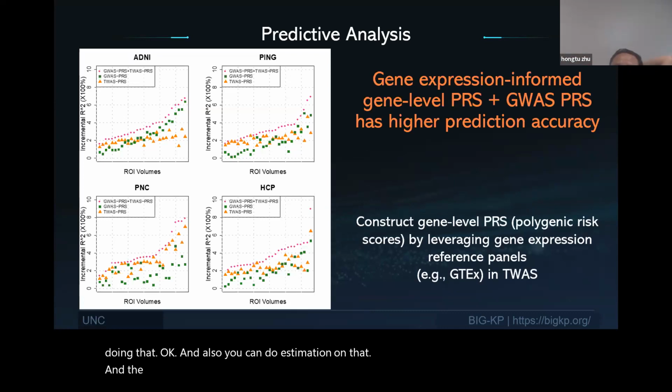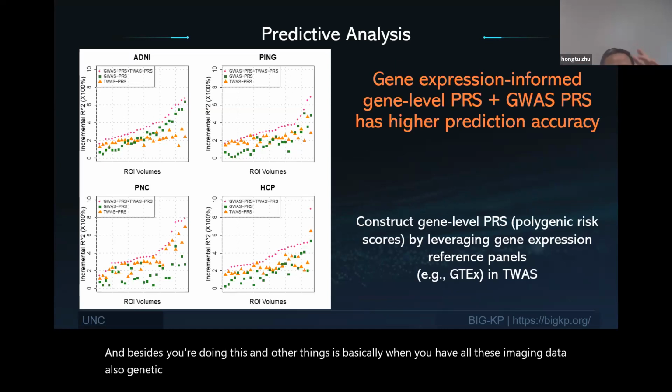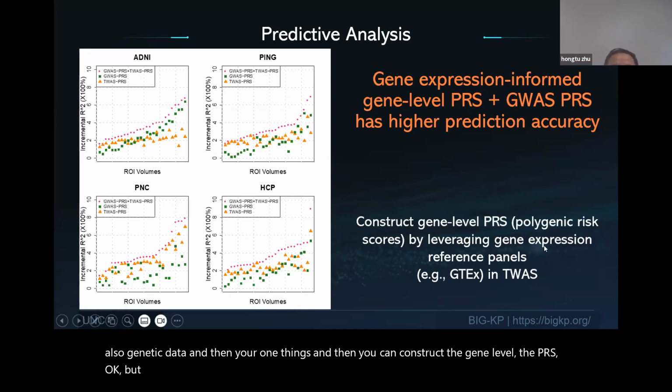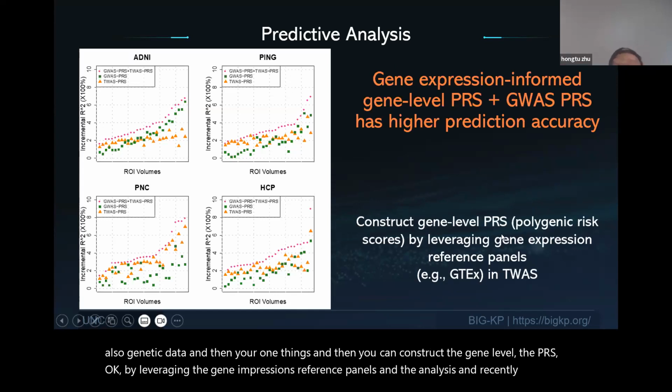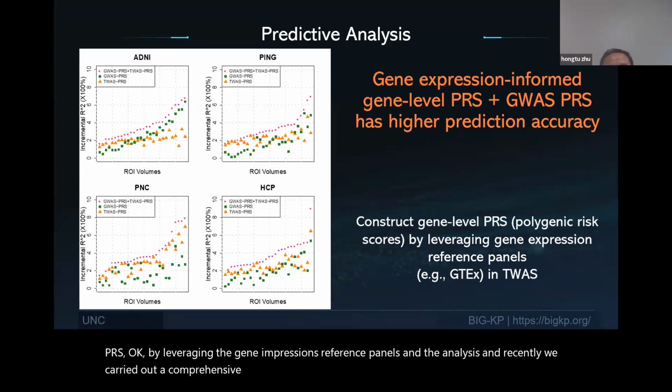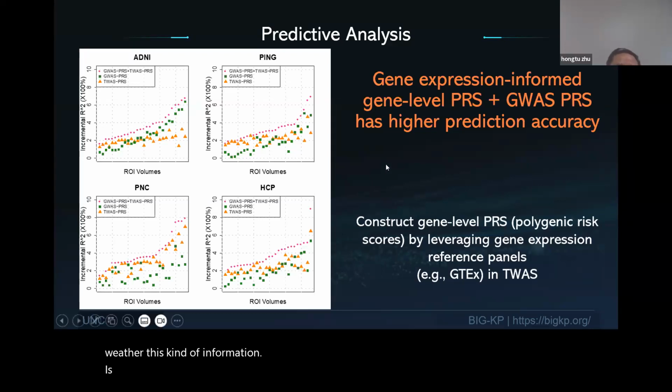Besides this, when you have all these imaging data and also genetic data, you can construct the gene-level scores by leveraging the gene expression reference panels and do TWAS analysis. And recently we carried out a comprehensive TWAS analysis for all the imaging traits, okay? And to see whether this kind of information is useful for disease prediction and other purposes, okay?